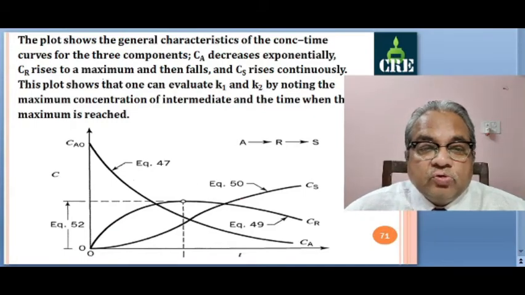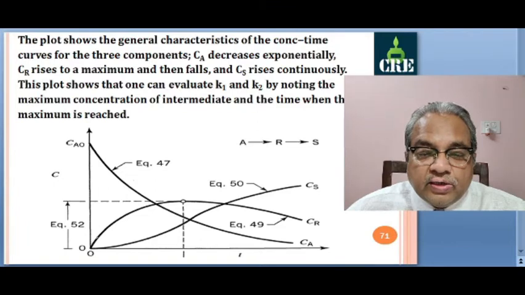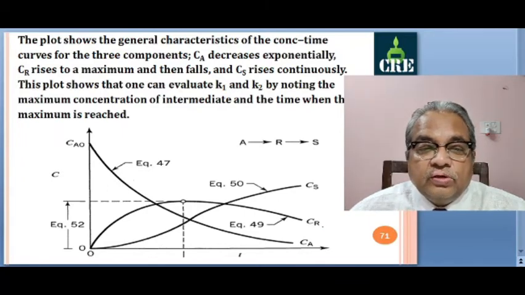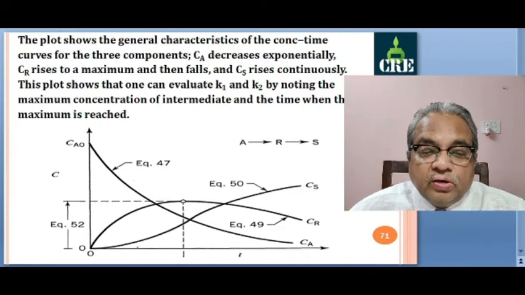So CA is exponential decay. CR will rise slowly as the reaction proceeds. It will reach some maximum value, CR max. The corresponding time is T max. And then this concentration will slowly decrease. And CS will rise continuously. Okay.